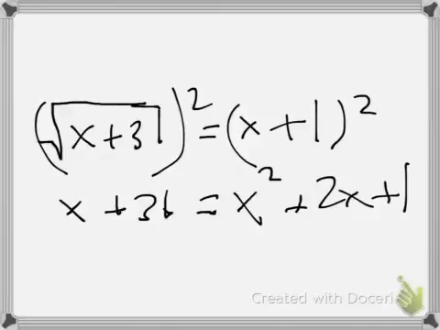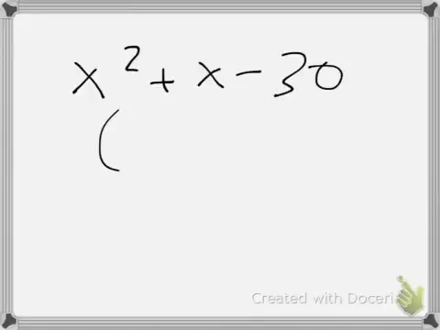And then from there, you would subtract, actually in this case, 31, and that would get you to x squared plus x minus 30.